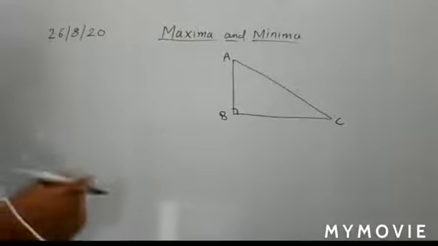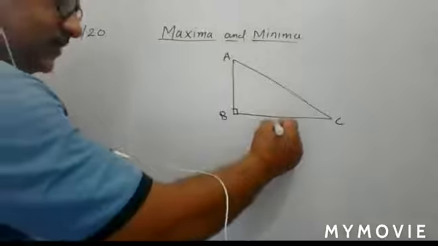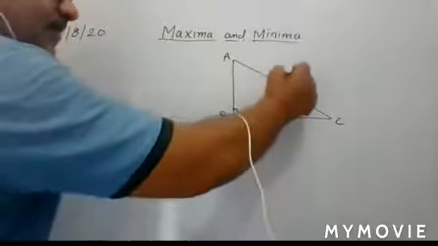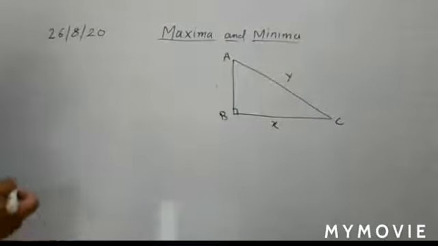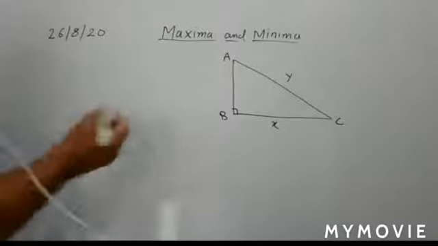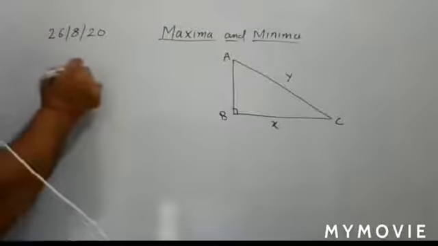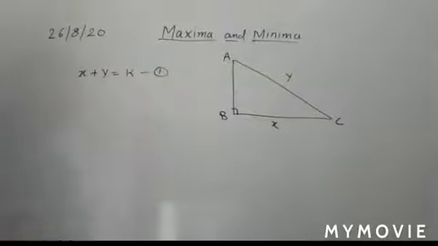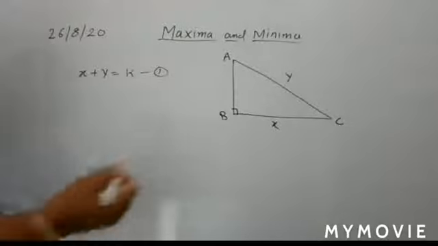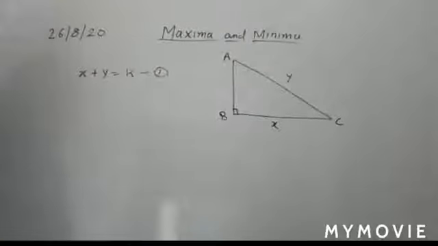Given means constant. So if you assume the base of this right triangle is x and hypotenuse is y, then x plus y is constant. So you assume that x plus y is equal to k, that is given. So what is given in your question?